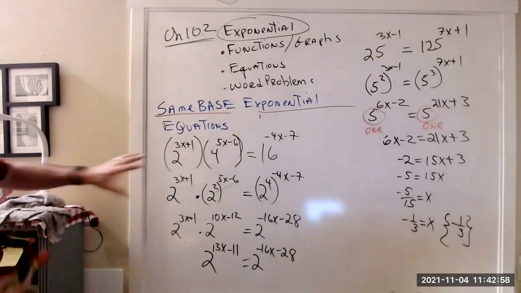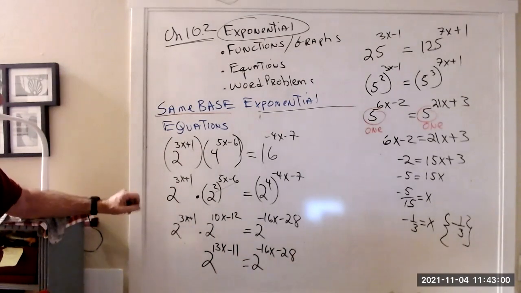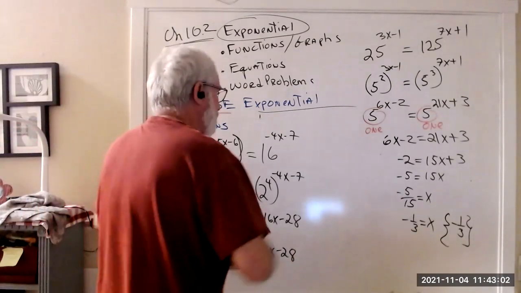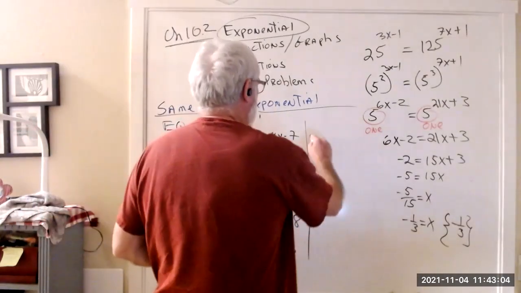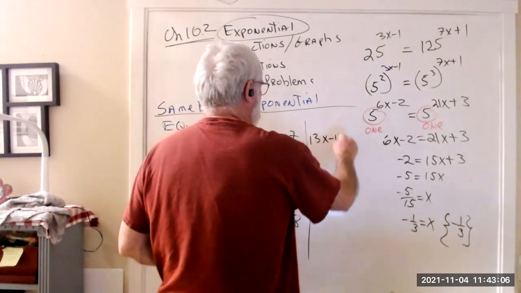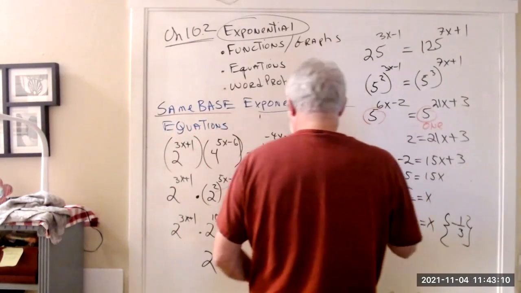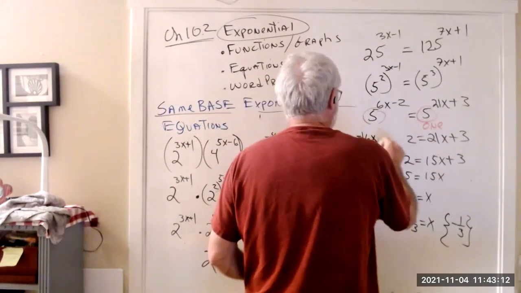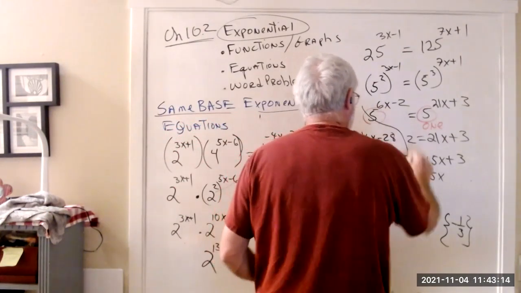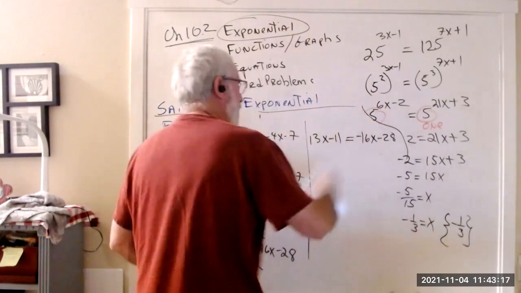So there's all kinds of tricks in this problem. Now you can drop the powers. Now you can say 13x minus 11 equals negative 16x minus 28. And then go from there.